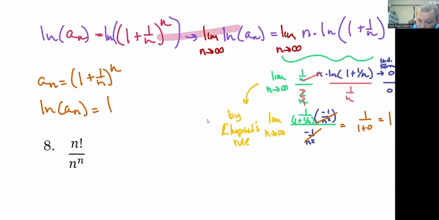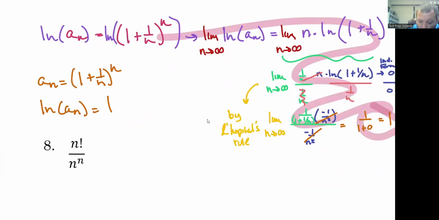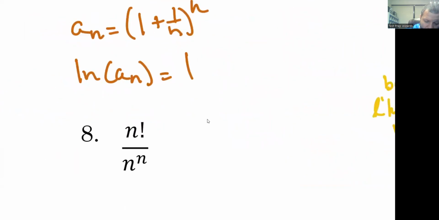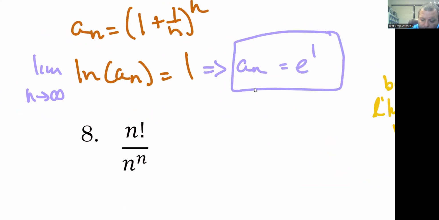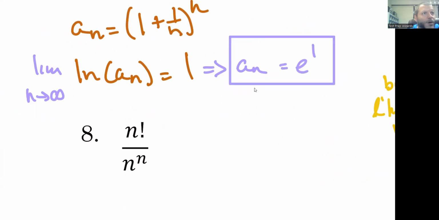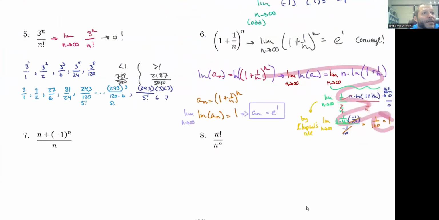So we showed that this equals 1. So thus a sub n, if we're trying to undo this natural log of a sub n equaling 1, a sub n is going to equal e to the first power. Right, so that's why (1 plus 1 over n) to the n equals e.